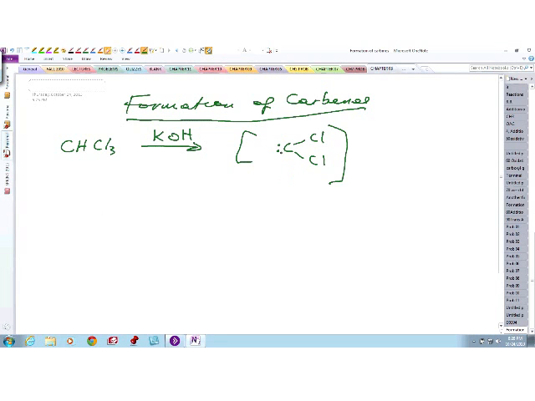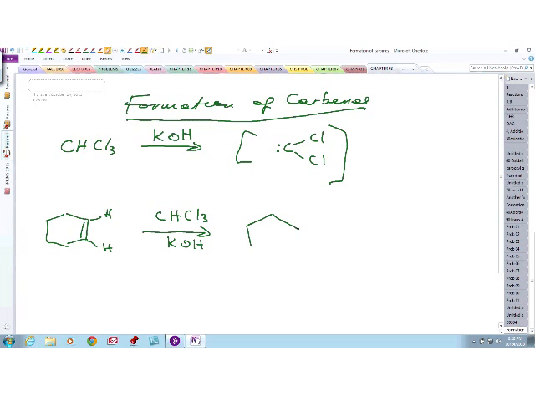And then the carbene could then react with any alkene, for example. We could do this. Chloroform and potassium hydroxide.